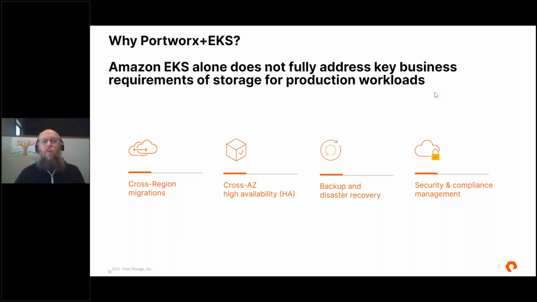With Portworx, we can simply create our storage cluster that spans across those multiple AZs, and we can automatically replicate those volumes across those availability zones. And that provides fast failover for applications in the case of a zone or a region failure.